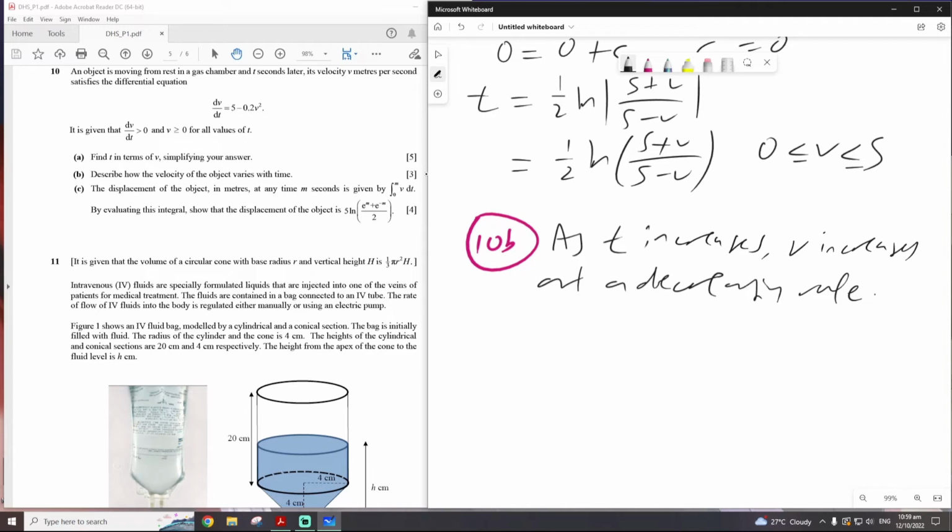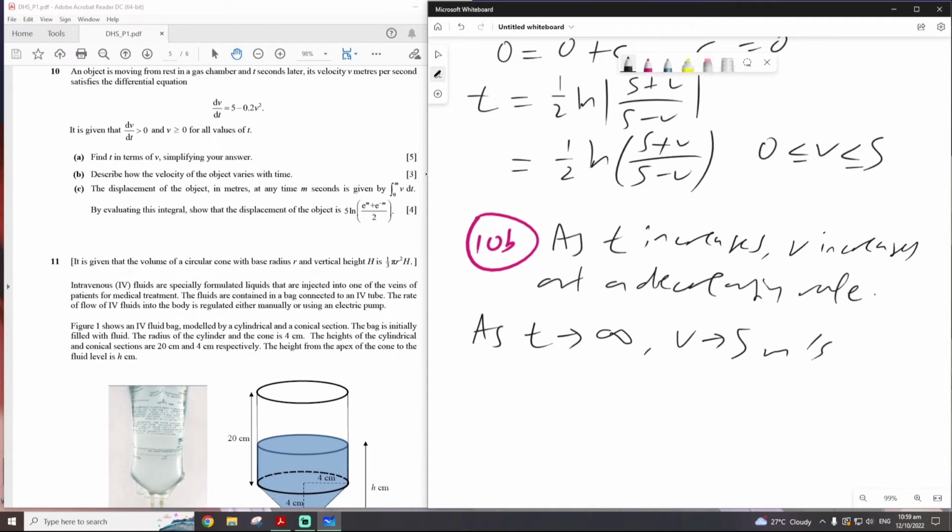The other part is long-term behavior. As t tends to infinity, this tends to infinity when v tends to 5, right? So this will be the thing that I think you need to say, 5 meters per second.